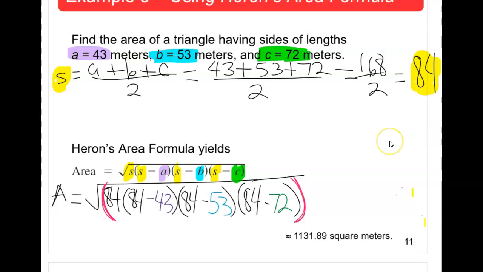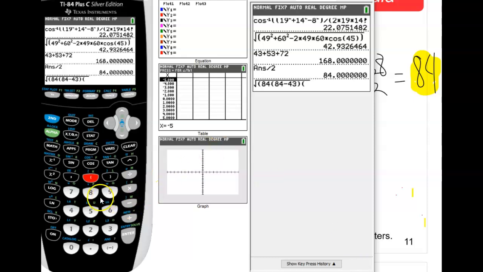So the very first one was to open, to start the radicand. And then the next 2 were just to enclose the product 84 minus 43. Now we're going to open another one to represent multiplication, and we're going to enter 84 minus 53. So 84 minus 53, that represents S minus B.